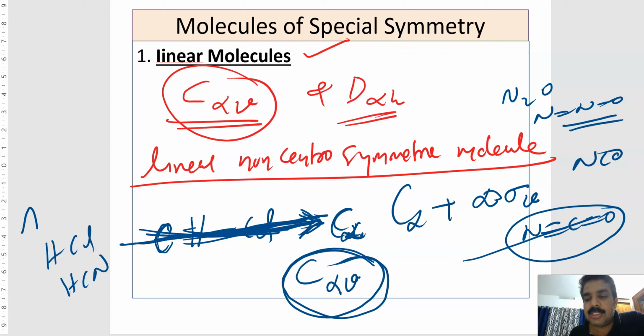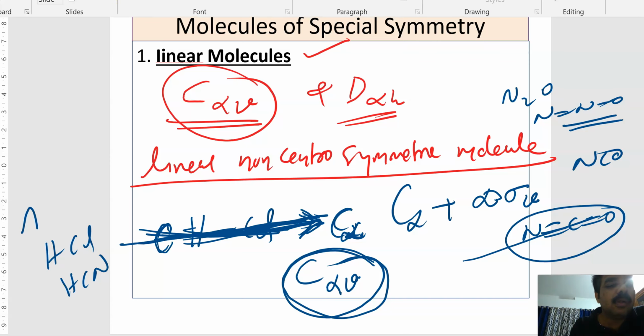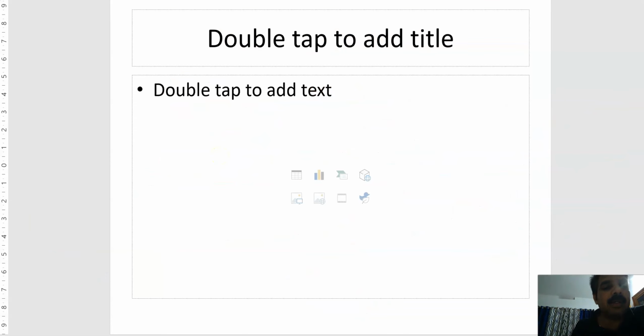And the other linear molecule point group is D infinity H.